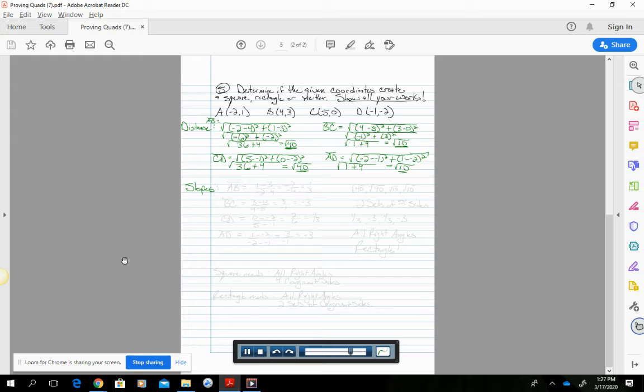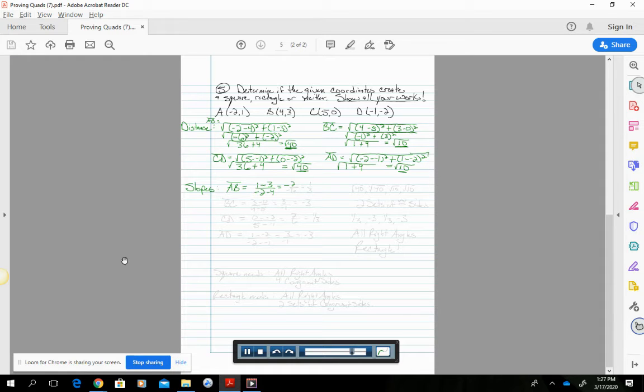Okay, now next one, to find my slope, I'm going to do the same thing. I'm going to find the slope from A to B. So it's y minus y over x minus x. So y minus y from A to B. 1 minus 3. If I start with the 1, I have to start with the -2 minus 4.